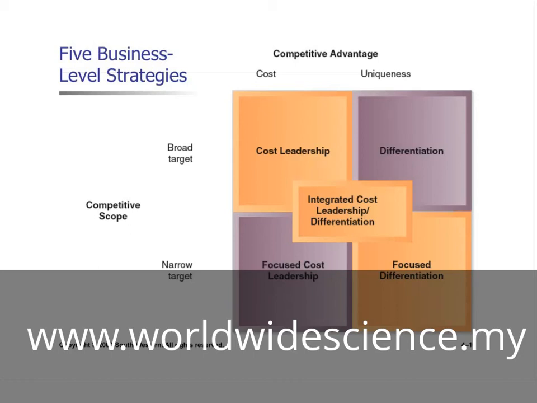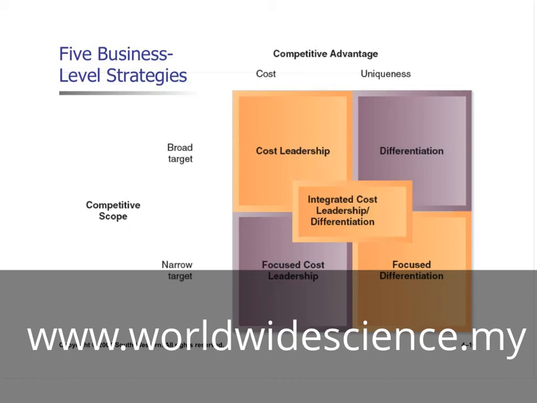But nowadays it's different. Nowadays people want cost and uniqueness. They want to focus in niche market or narrow market and broad market. That's why we have another concept called integrated cost leadership or differentiation.